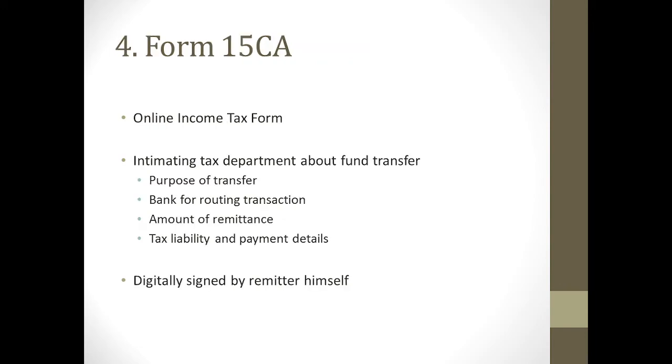Fourth is Form 15CA. It's an online income tax form in which we are intimating the tax department about the fund transfer.